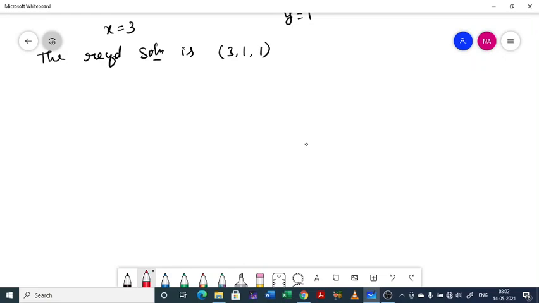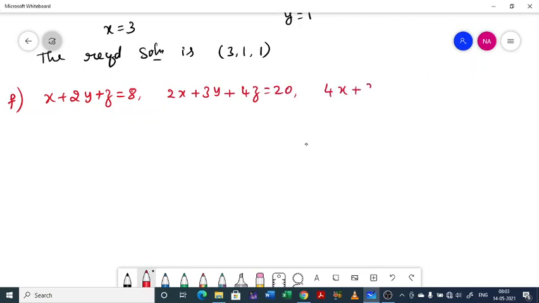So there is one more last problem. The given system of equations is x plus 2y plus z equal to 8, 2x plus 3y plus 4z equal to 20, and 4x plus 3y plus 2z equal to 16. Solution.